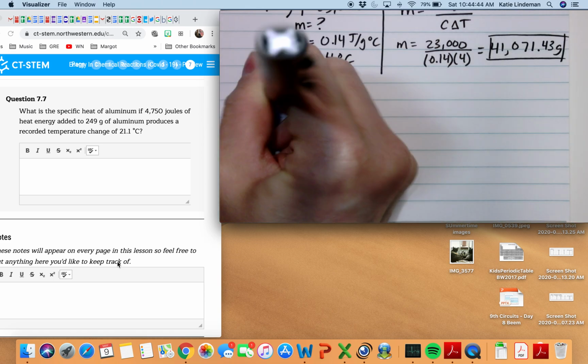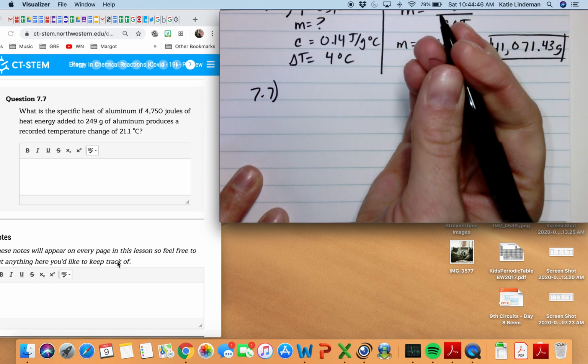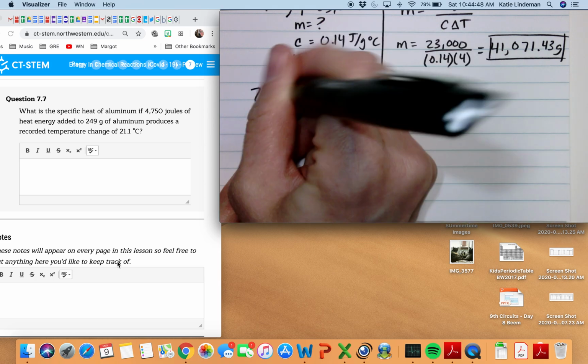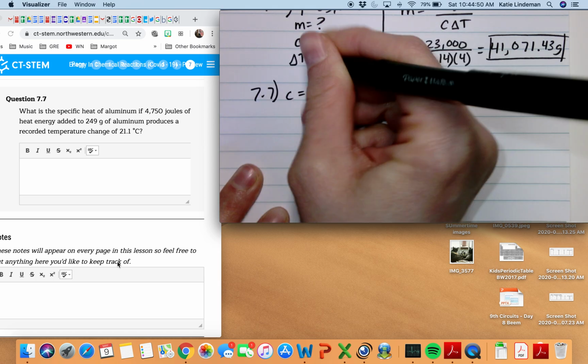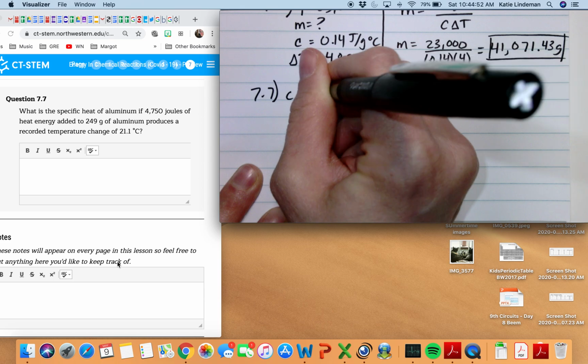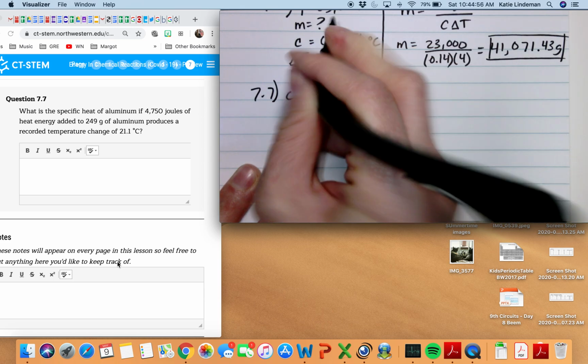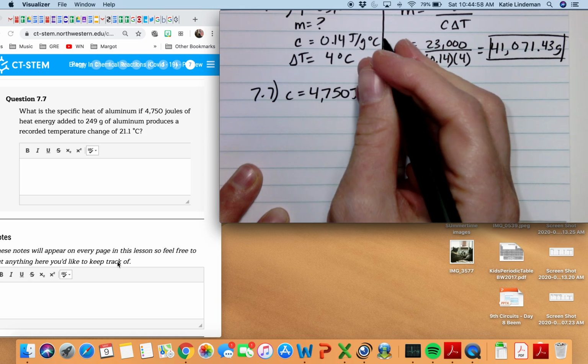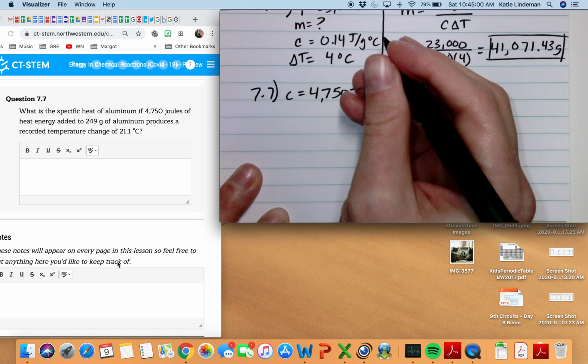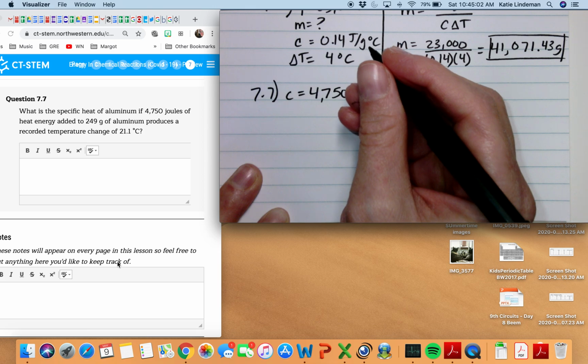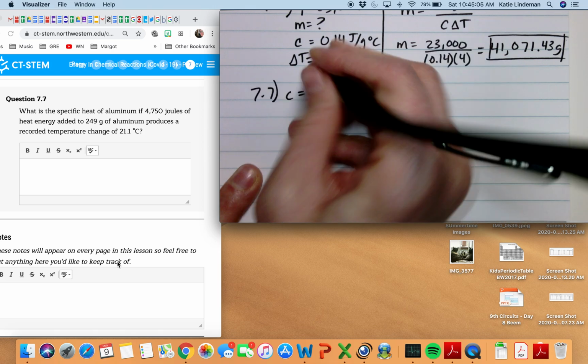Okay, and then finally, this last question. So 7.7, we have the specific heat of aluminum is 4,750 joules. So 4,750 joules. The heat energy is added to a 249 gram substance.